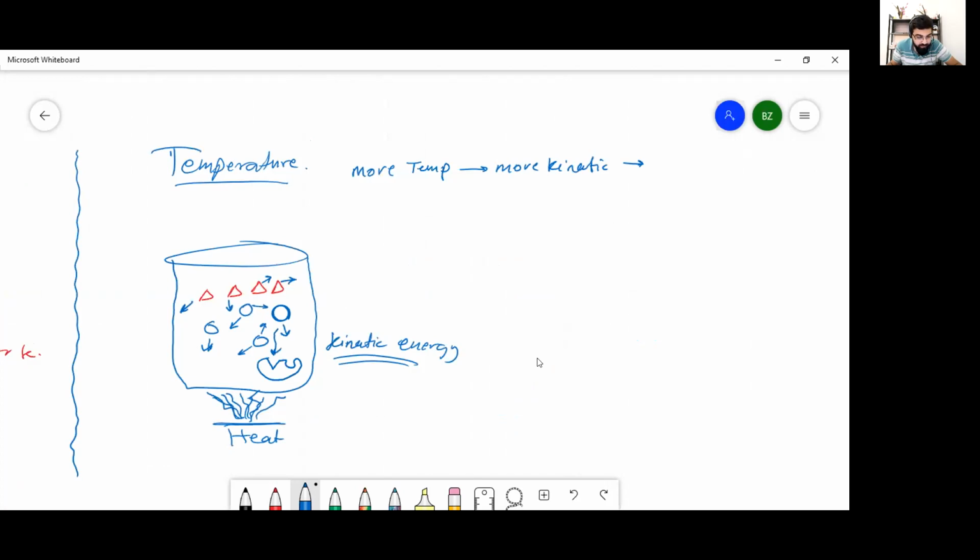So the kinetic energy is important too for binding the substrates on the active site of the enzyme.